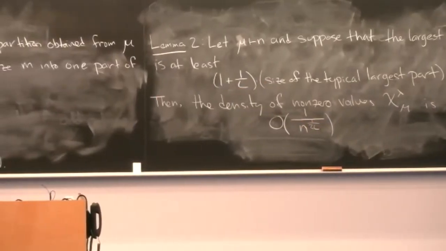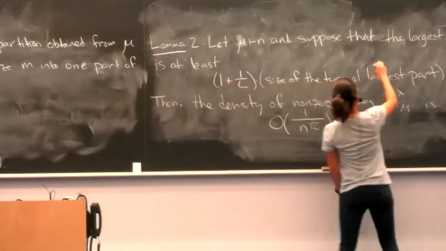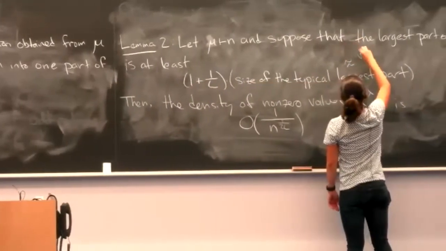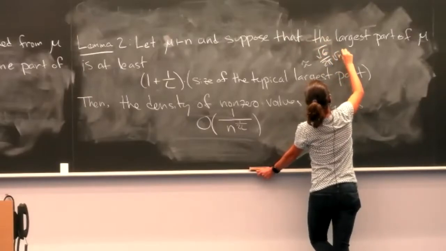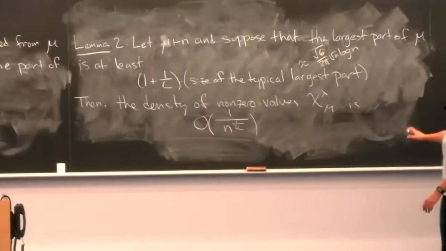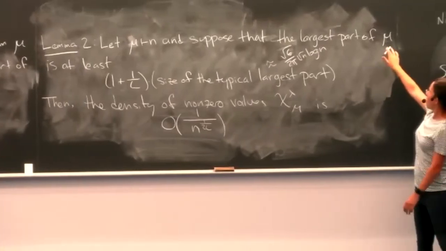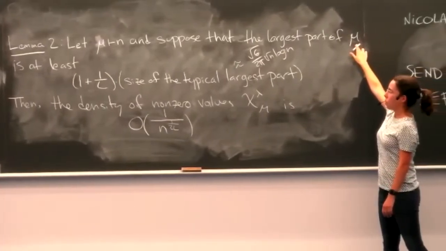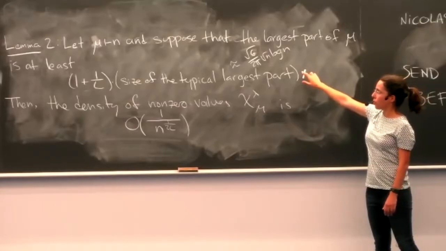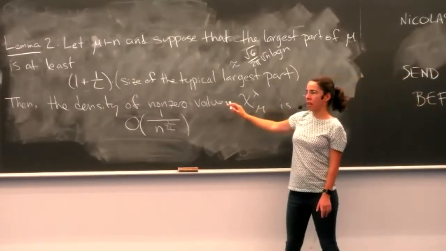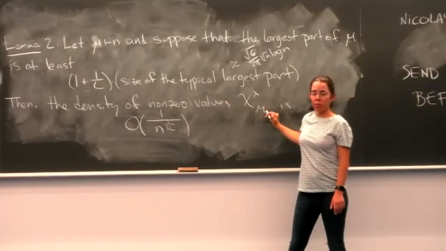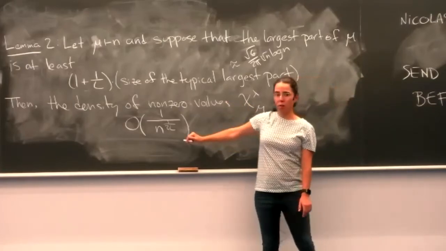The typical largest part is around square root of 6 over 2 pi times square root of n log n. So if your partition mu has largest part significantly larger than the typical largest part, then almost all of the values in the column of the character table corresponding to mu will be 0.